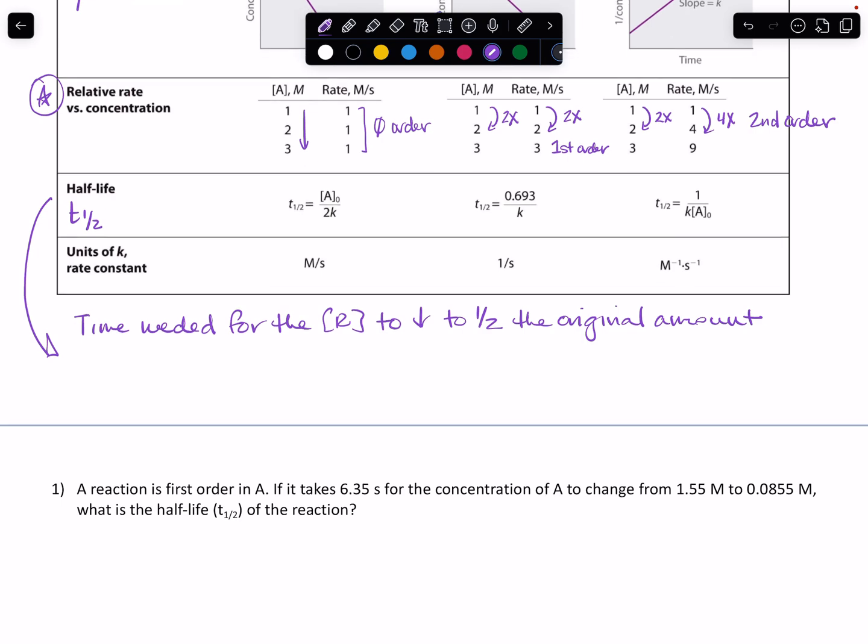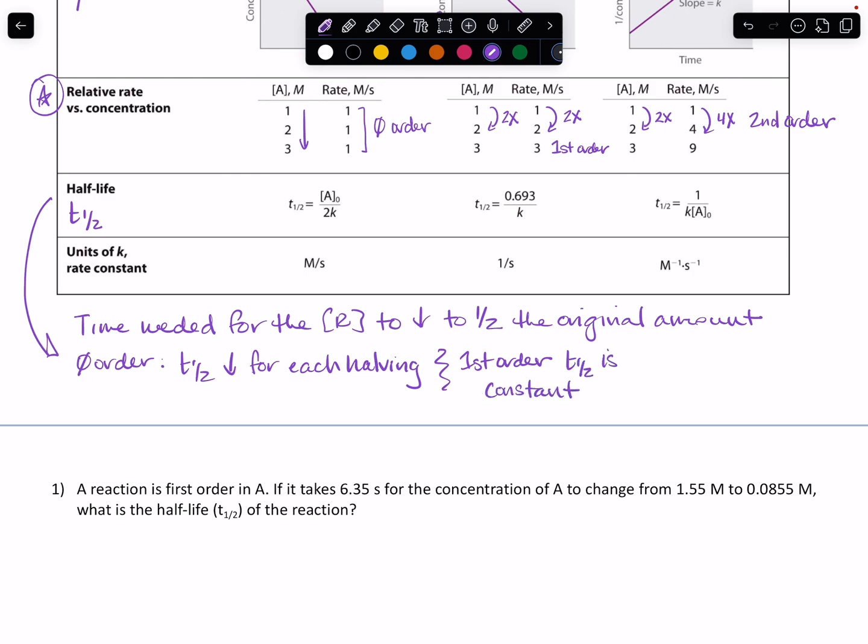All right, for a zero order reaction, the T1/2 will decrease for each half. I'm going to call it halvings. So in other words, the time it takes to go from half to the next half is going to be less than the time it took to go from the initial to the first half. For a first order, the half life is constant.